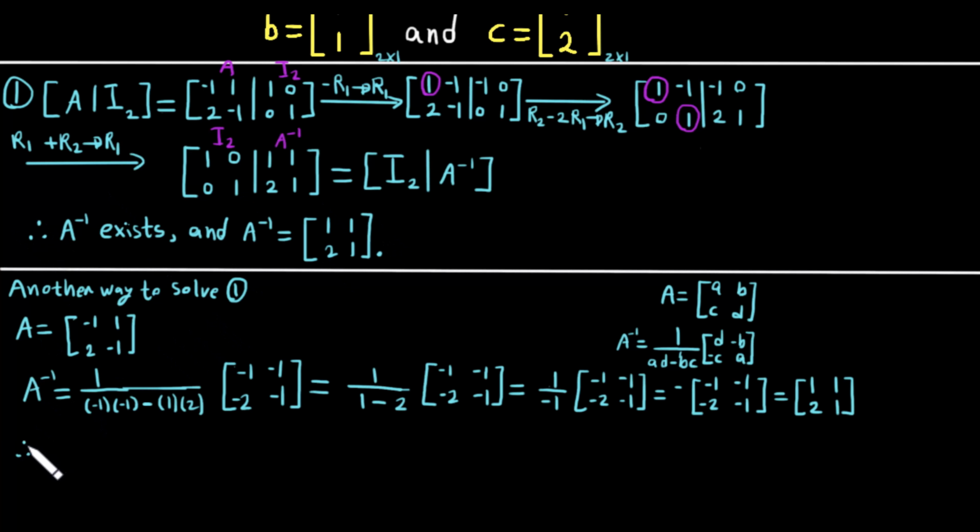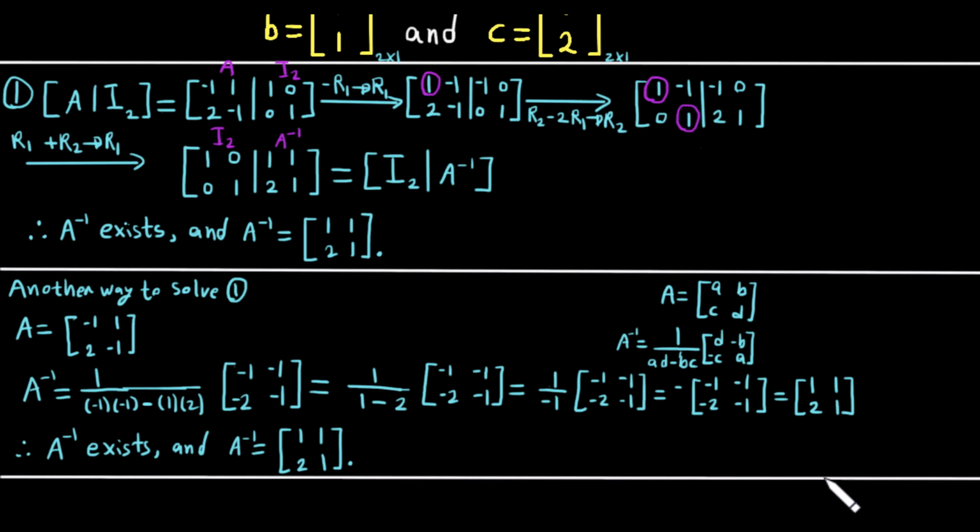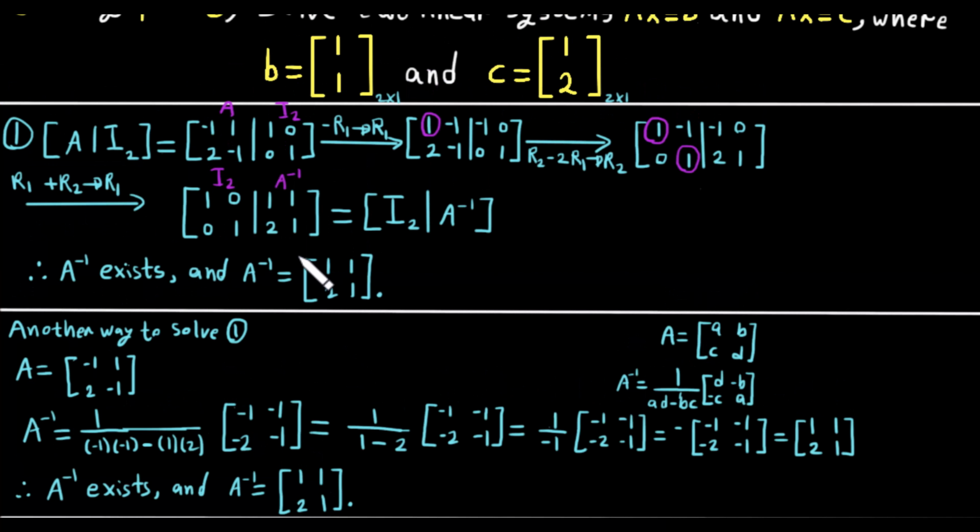Therefore, A inverse exists and A inverse equal 1, 1, 2, 1. That's it. We have solved it in two ways. So now we have solved number 1 by 2 methods. Now let's solve number 2.